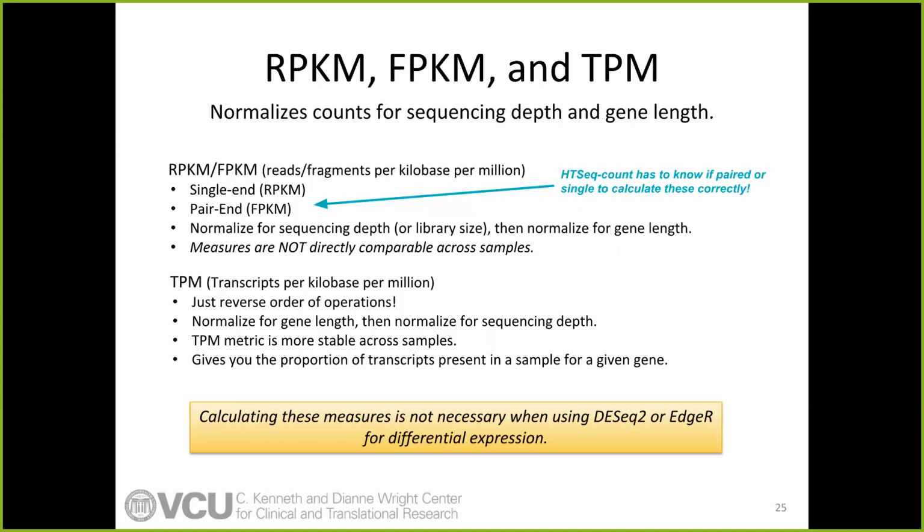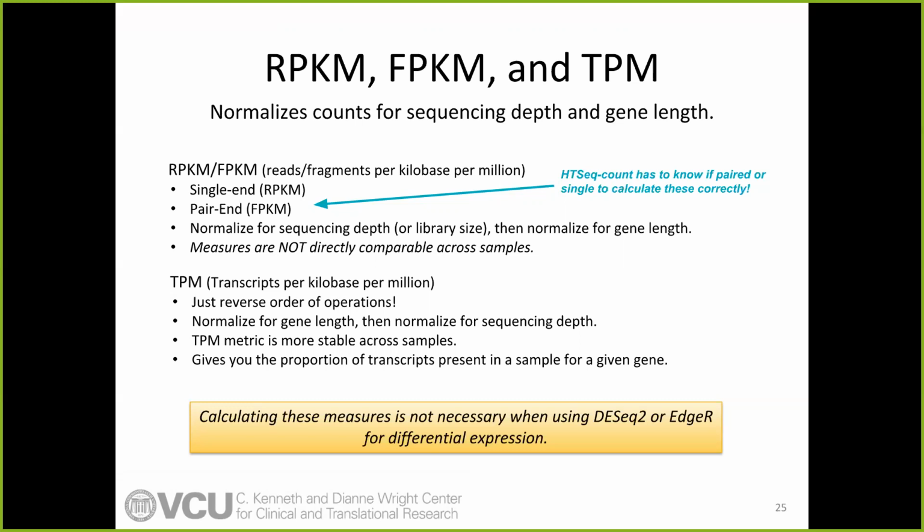For example, if a gene is 10 base pairs and it has 10 reads aligned to it, versus a gene that's 100 base pairs and it has 10 reads aligned to it, you're probably going to have 10 full functional transcripts of the shorter gene versus 1 full functional transcript of the longer gene. So you have to normalize for that gene length, because comparing a 10 to a 10 doesn't mean the same thing if you're comparing across genes that are different size.